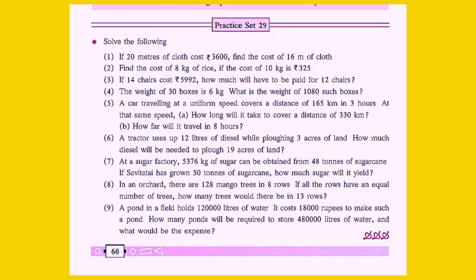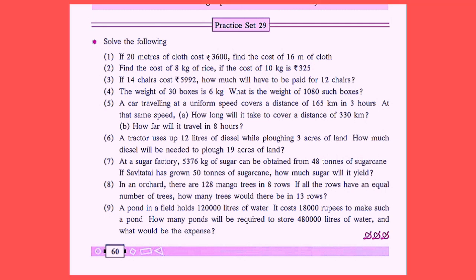Hey children, let us start practice set number 29. Here the 9 word problems are there. See the first question. If 20 meters of cloth cost 3,600 rupees, find the cost of 16 meters of cloth. So, as per the unitary method, first we'll find out the cost of 1 meter of cloth.